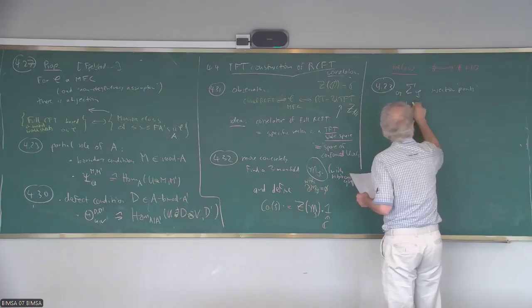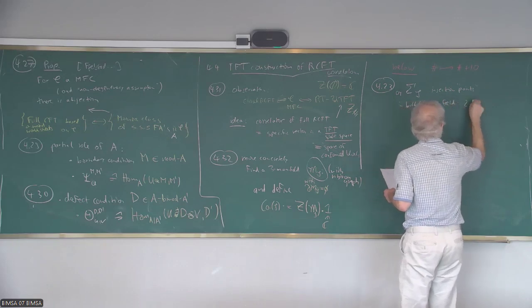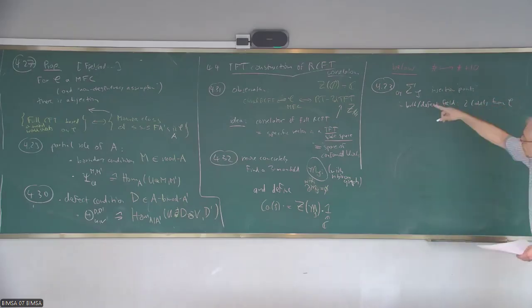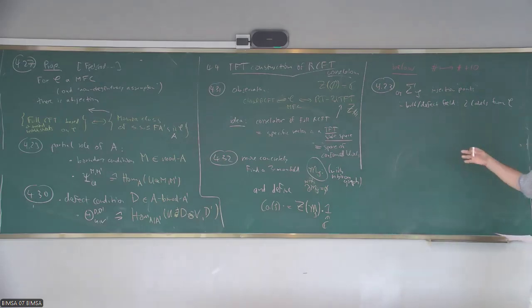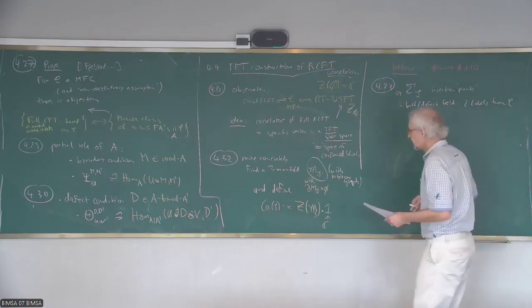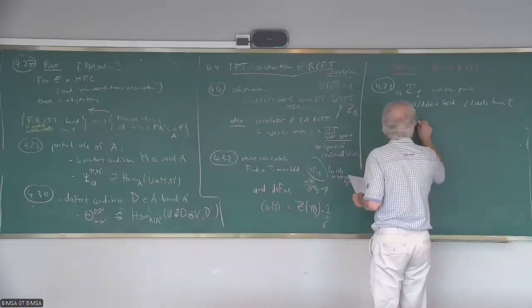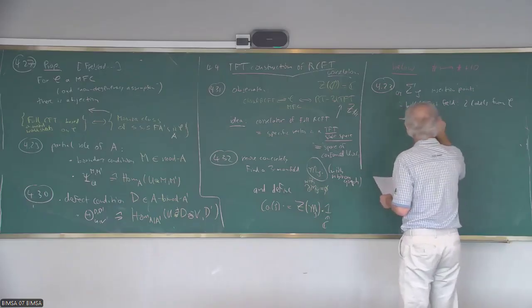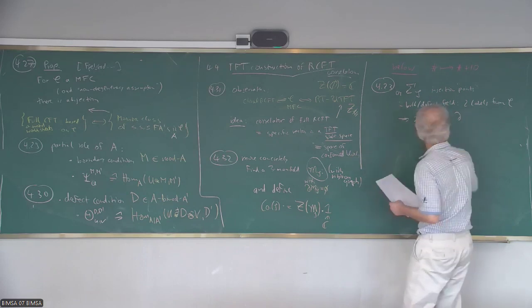In the case of a bulk field or a defect field, I have two labels from C, but C is relevant here for the topological field theory, so I need somehow two copies of that, and I implement this by saying that I have two labeled points on the boundary of my three-manifold.